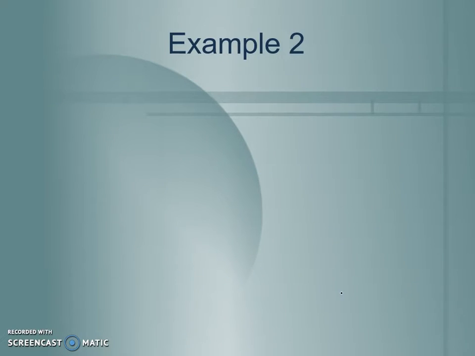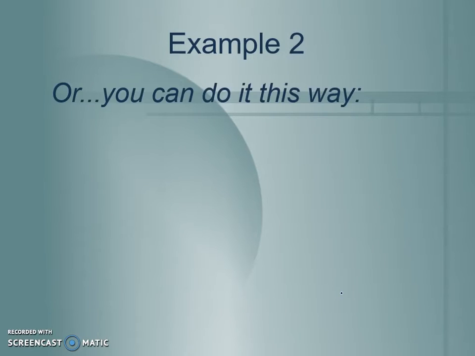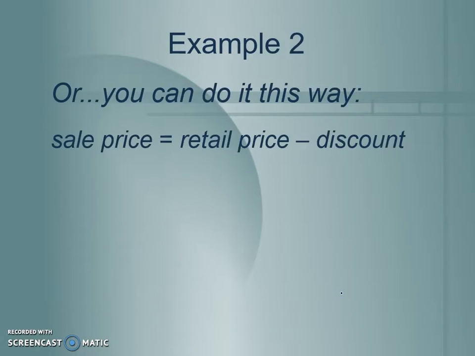Or there's a second way we can do this one. So we know that the sale price equals the retail price minus the discount. We need to remember, well, what is our equation for discount? Discount equals the discount rate times the retail price.